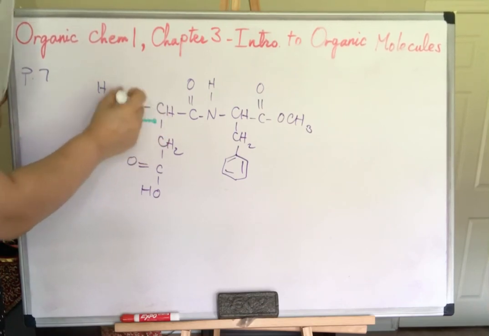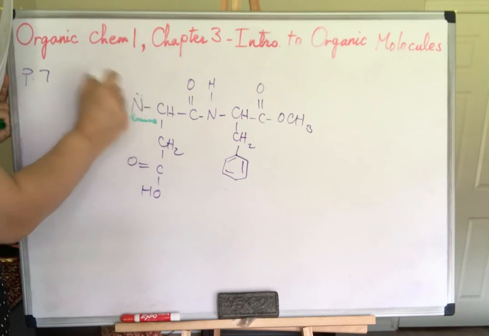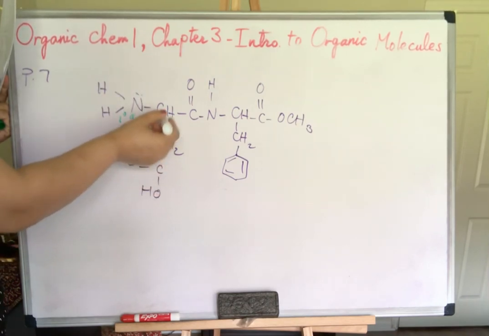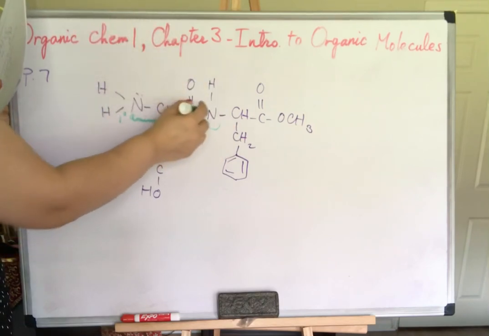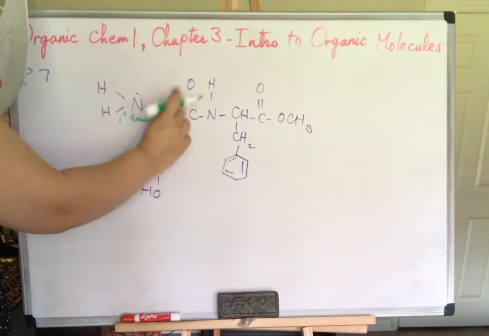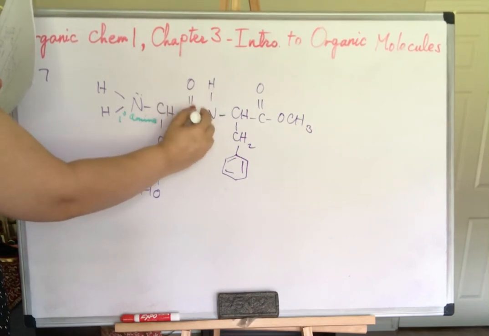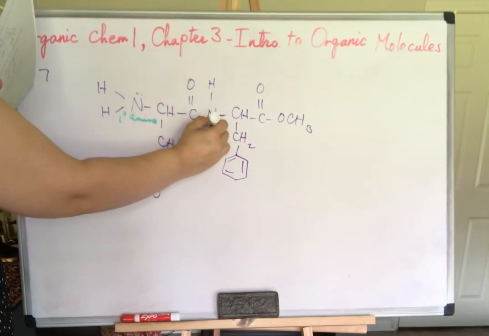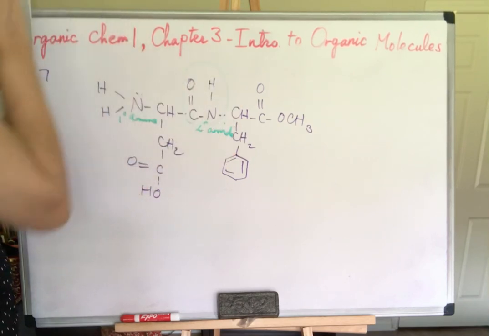What type of amine is it? Nitrogen is connected to only one carbon, so it's primary. Here we have carbonyl and nitrogen, so it's an amide, right? What type of amide is it? Nitrogen connected to two carbons, so it's a secondary amide. Amide because of the carbonyl.